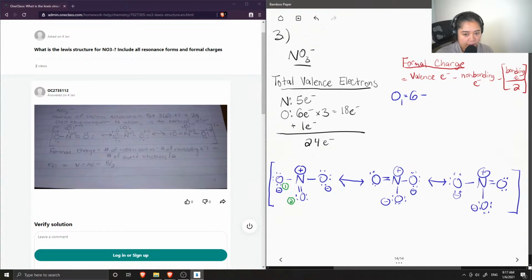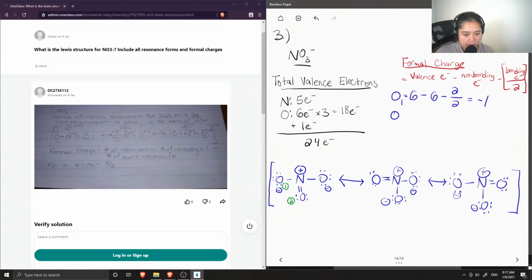For the number of non-bonding electrons, these are the lone pairs. So it has 6 non-bonding electrons, and the electrons participating in the bond is 2, and this number is divided by 2. So that's how oxygen 1 has a -1 charge.